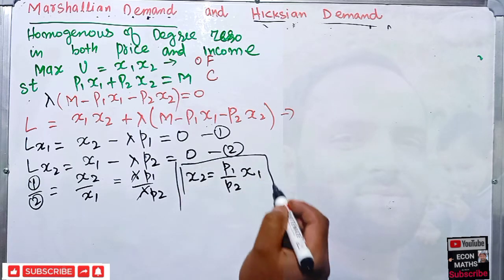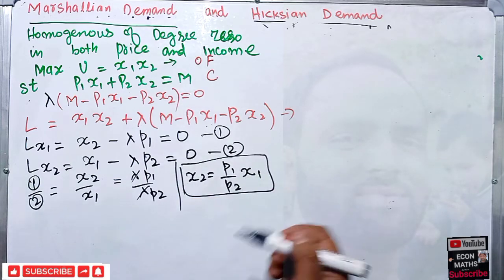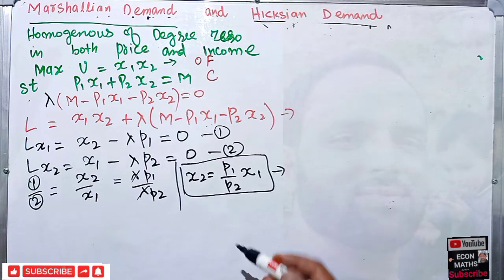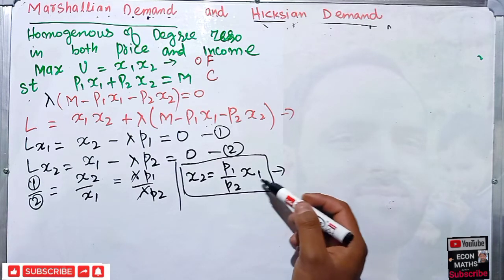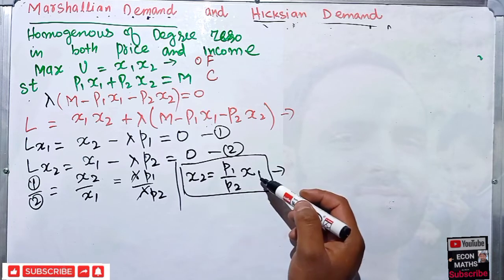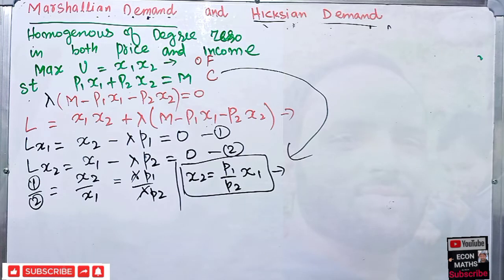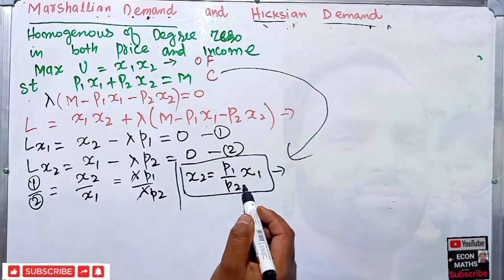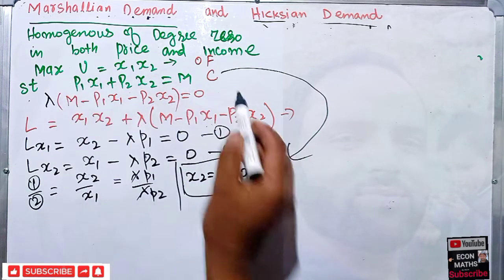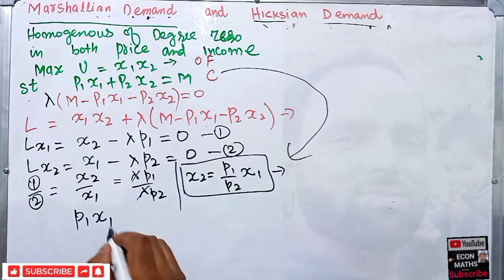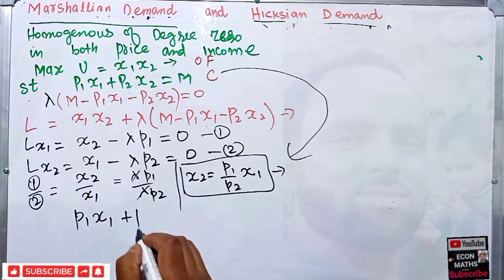By simple manipulation we get this result. This is also called the Engel curve. Now we take this relation and put it into the constraint function. So put this value in this equation, and we have p1 x1 plus p2.